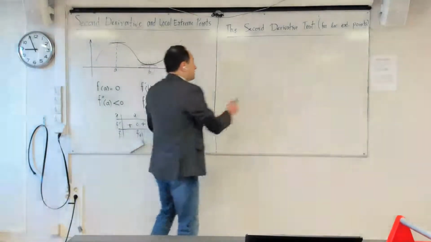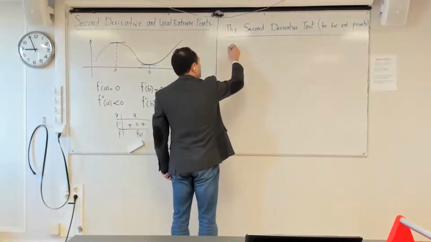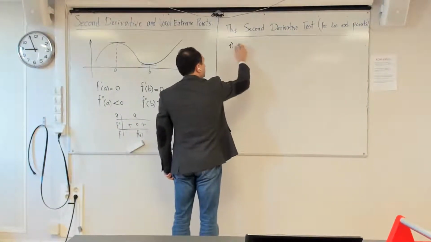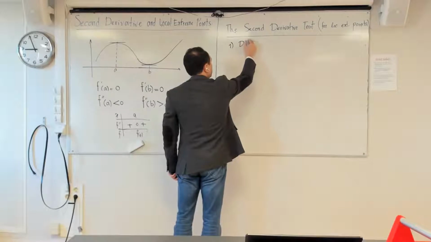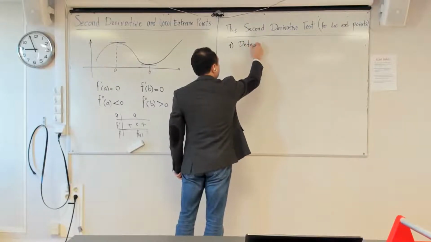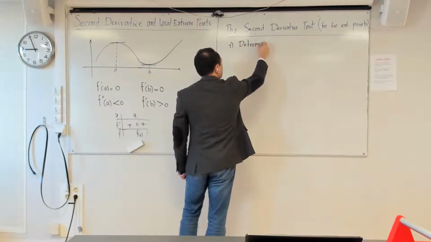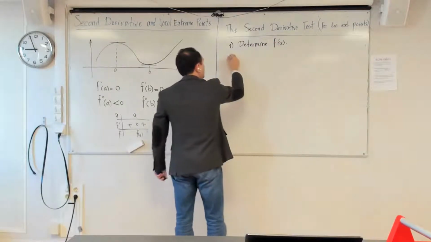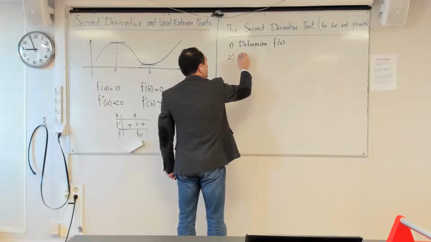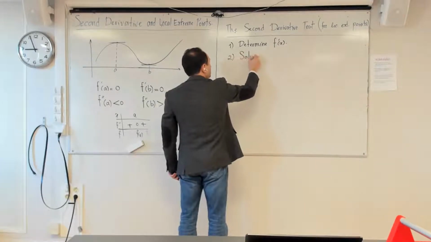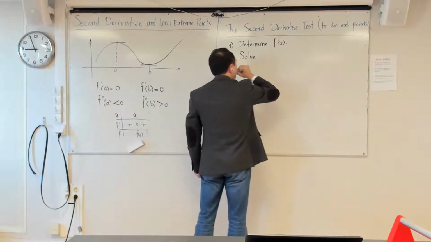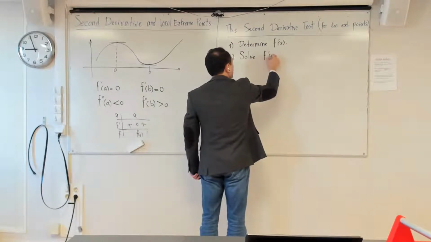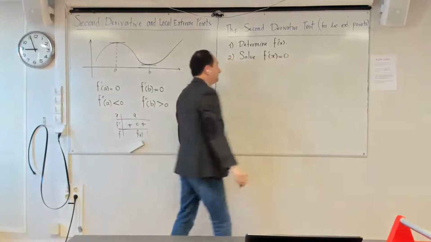Okay, so what we can do, number one, determine f prime of x. Number two, solve f prime of x equals 0.